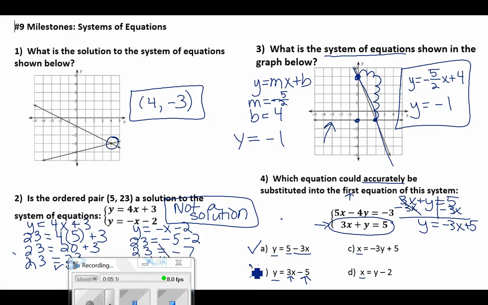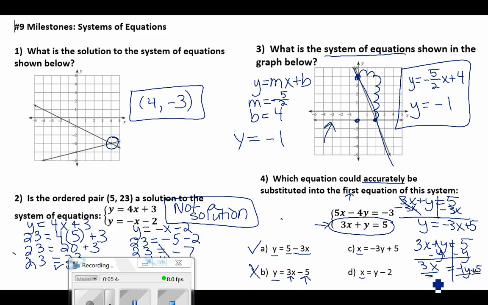Let's look at solving for x values. So we're going to do the same thing, except we're going to solve for x. 3x plus y equals 5. So this time we're going to subtract y on both sides. So we get 3x equals negative 1y plus 5.